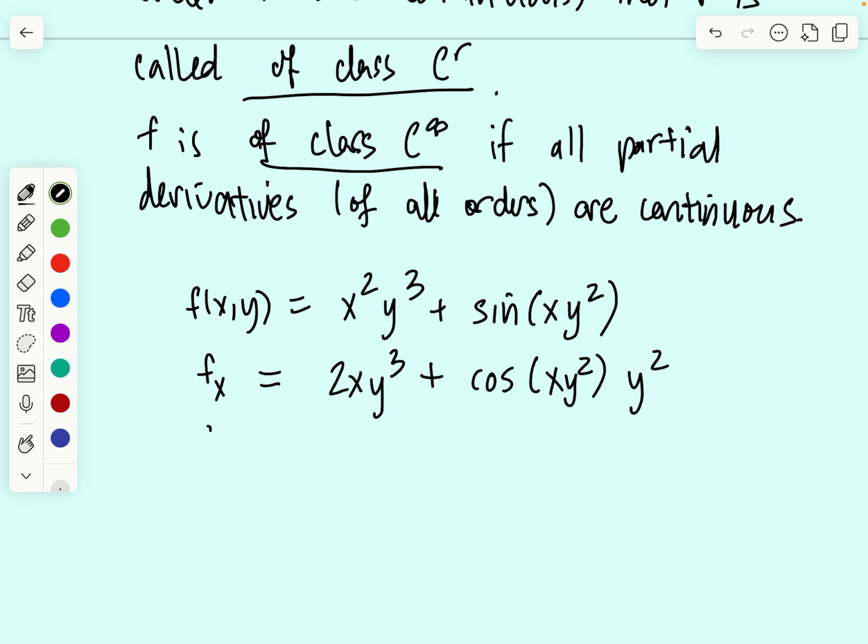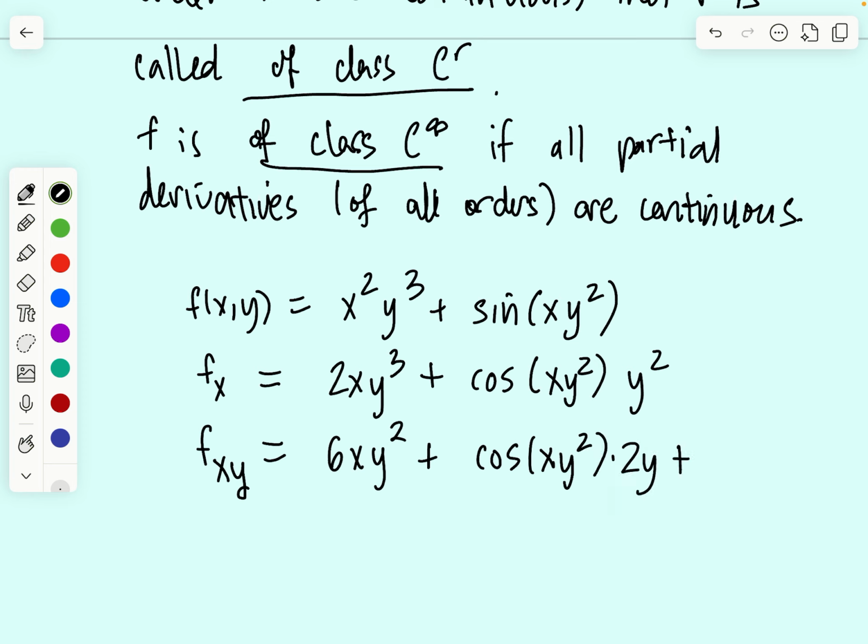And then if you take f sub xy, oh, why did I make this example so complicated? If you take f sub xy, then you're going to get 6x y squared plus cosine x y squared times 2y plus y squared times negative sine x y squared times 2xy.